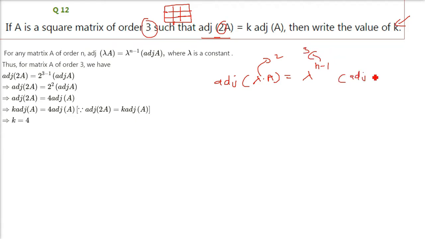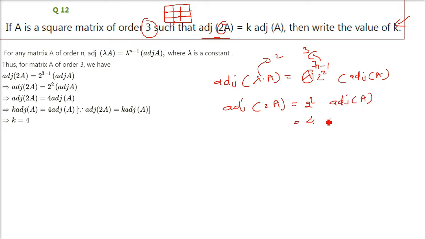So adjoint of 2A, lambda is 2, and n is 3, 3 minus 1 is 2, so adjoint of A.